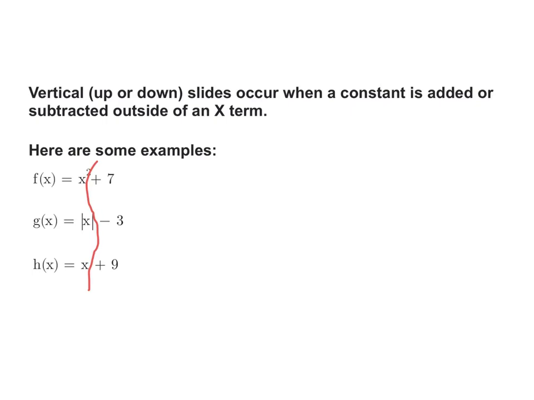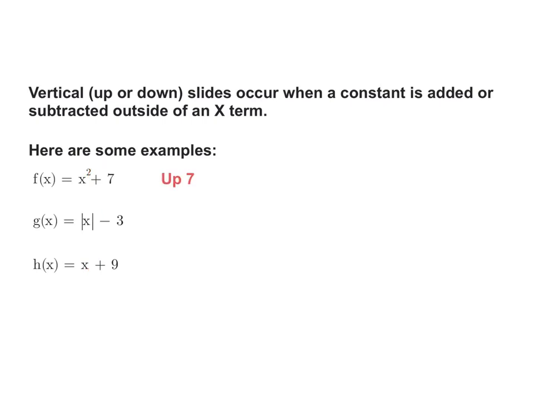And when they're separate, all you have to do is look at the number and go, okay, it's outside, so it's an up or down. Well, what do you think for this first one? Plus 7. Do you think it's going to make it move up, or is it going to make it move down? Why up? Positive. We associate vertical moves, we associate positives with upwards.